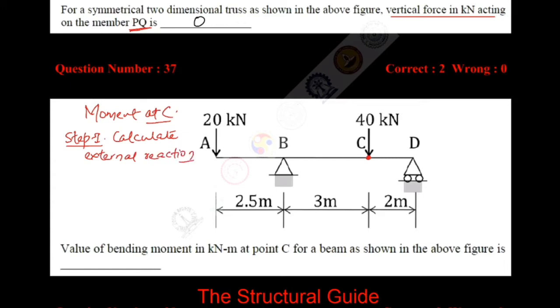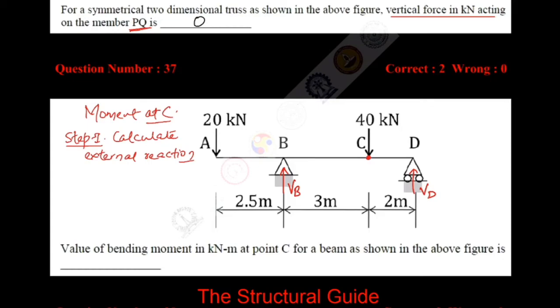In this case, since only downward load is coming on this beam, there will be one reaction at B in the upward direction, and at D, since D is a roller support, there will be one vertical reaction. I am naming them VB and VD.